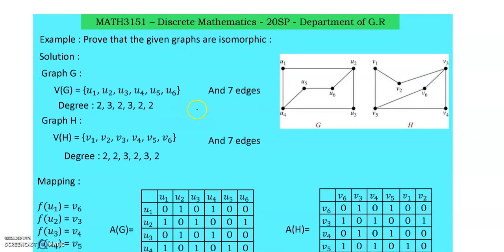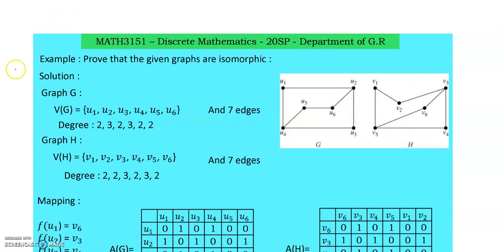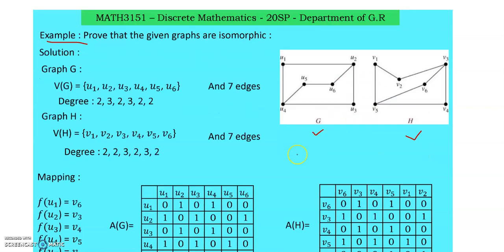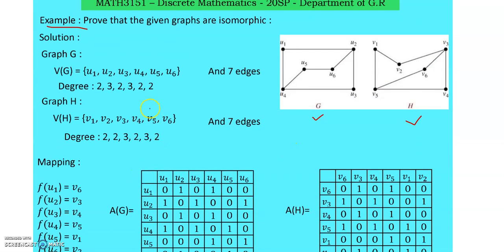For example, now you see, prove that the given two graphs are isomorphic. Now this is the given graph G and this is the given graph H. We have to check whether these two graphs are isomorphic. First, we list from the given graph G. You count the vertices 1, 2, 3, 4, 5, 6.